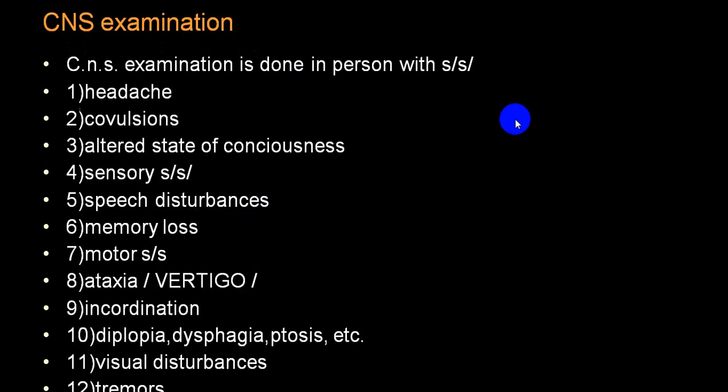Now, as we come to CNS examination, there are a lot of things required for it. But CNS examination will be done if any person comes with headache, seizures, altered level of consciousness, sensory symptoms and signs, speech disturbances like aphonia, aphasia, memory disturbances, motor system findings like upper motor neuron, lower motor neuron, ataxia, vertigo, incoordination, diplopia, dysphagia, ptosis, visual disturbances like hemianopia, quadrantic hemianopia, blurred vision, etc., tremors, involuntary movements.